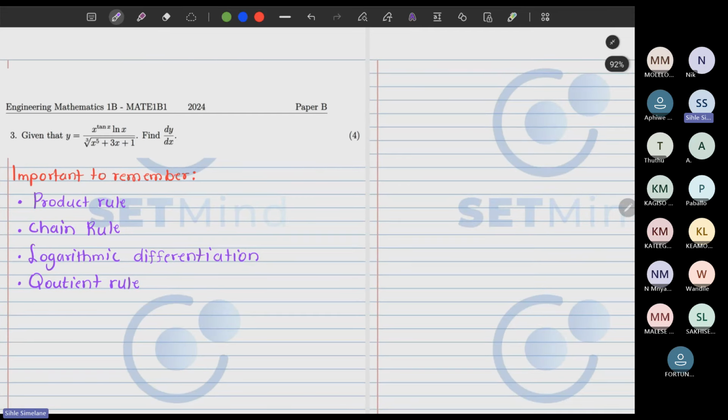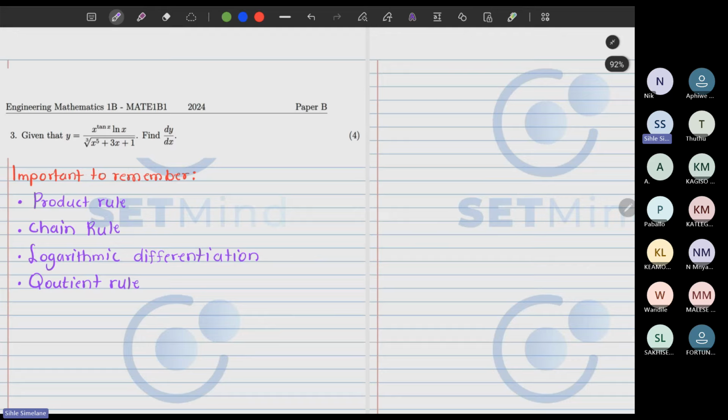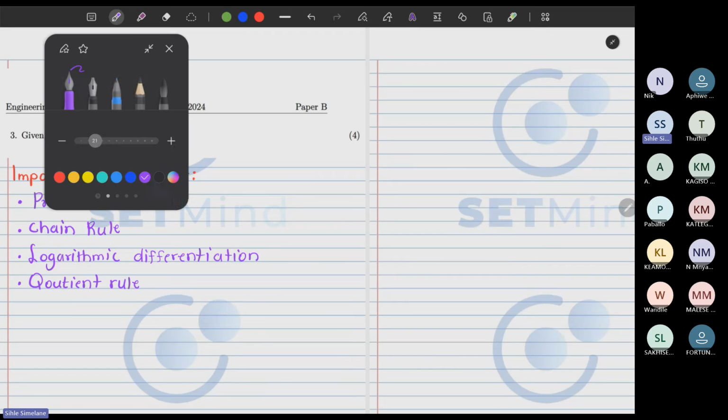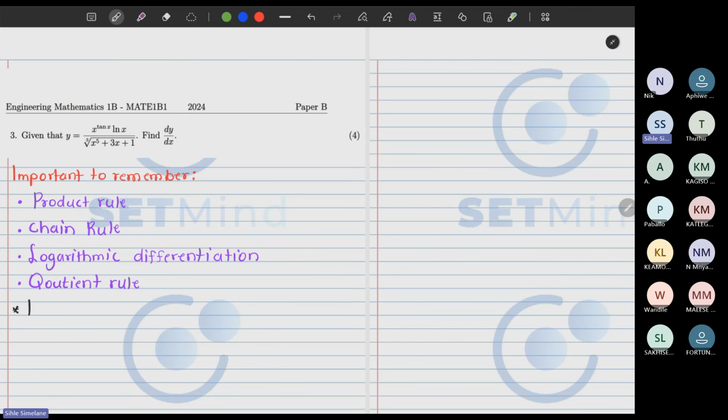So what I'm going to do is to deal with the lot from this part. I am going to use our logarithmic differentiation, essentially introduce the ln, okay? And something else that I need you guys to also recall is this. I need you to recall that ln of A times B is the same as ln of A plus ln of B. And ln of A divided by B is equal to what?